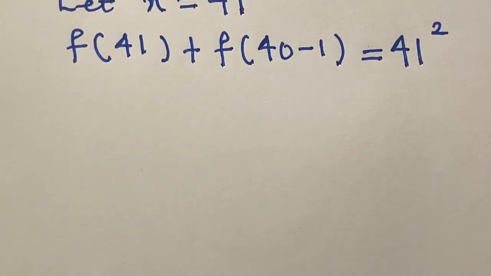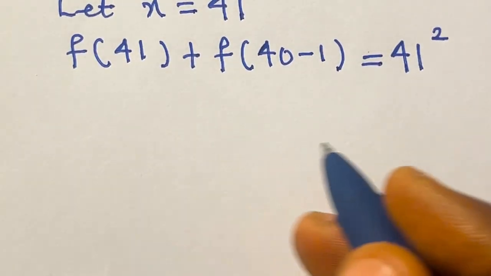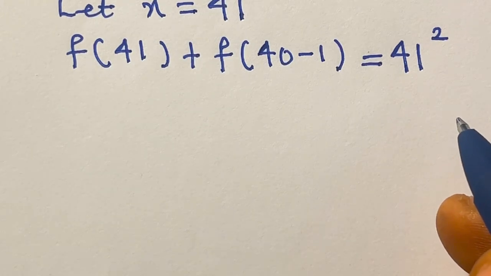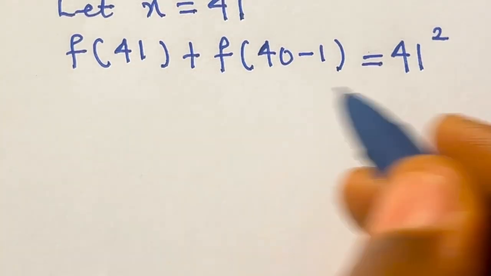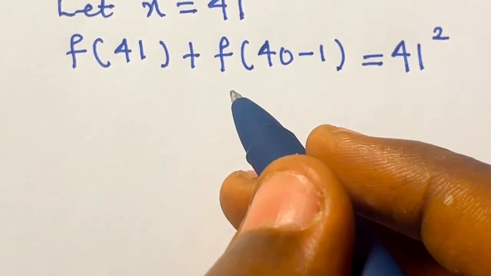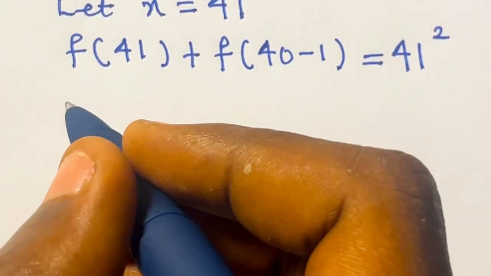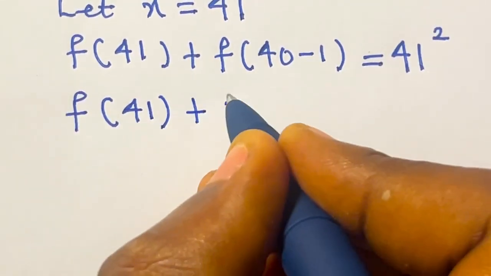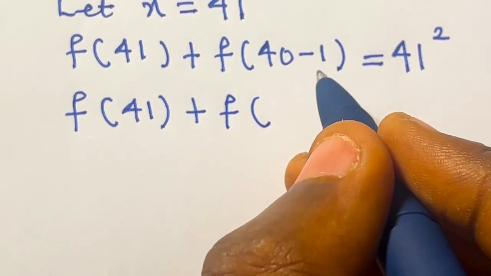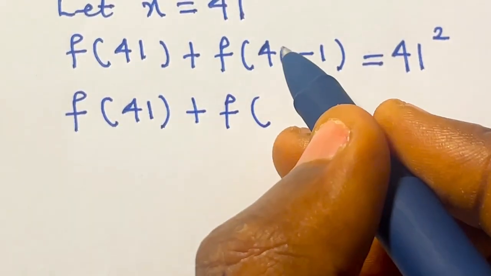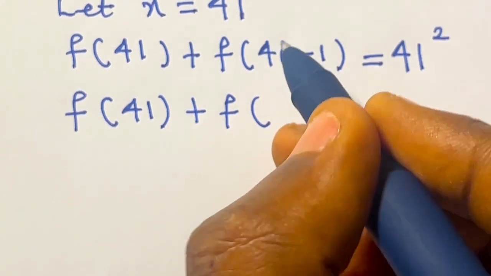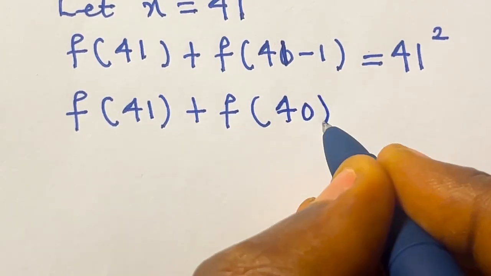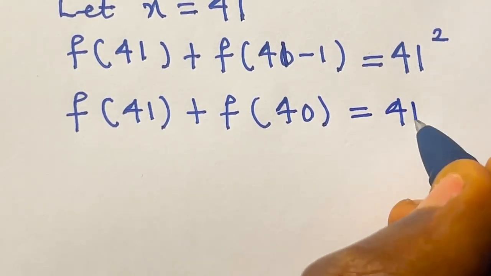All right. So from here now, we're going to do something very interesting, so I urge you to be more attentive. This becomes f of 41 plus f of 40, where x is 41, so we have 41 minus 1, so that is 40, equals 41 squared.